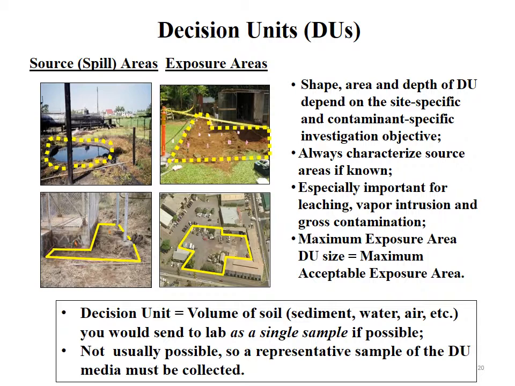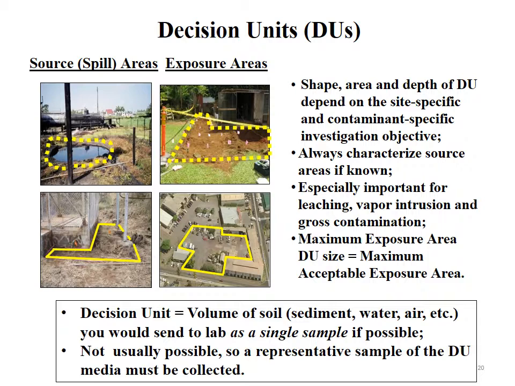Here's an example in a commercial industrial environment where the DU is selected in the area in which the workers would utilize during their work and operations. They basically would be roaming across that entire area to potentially get exposed to any residues in the soil. So that's a larger DU.